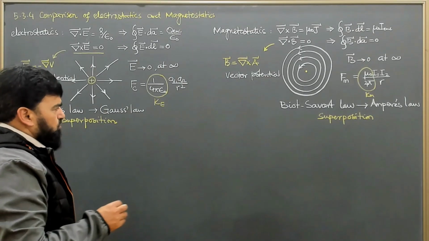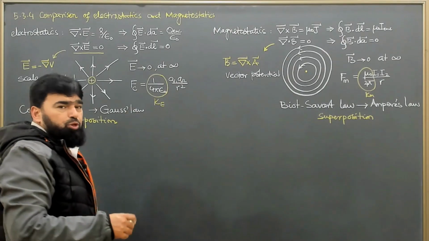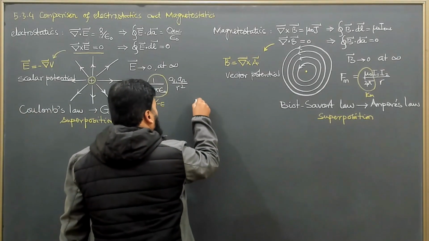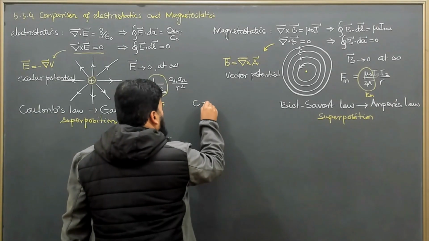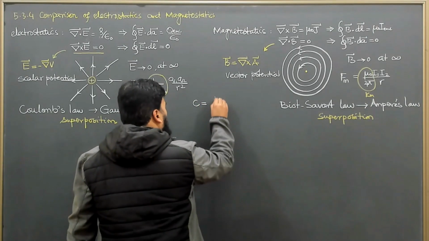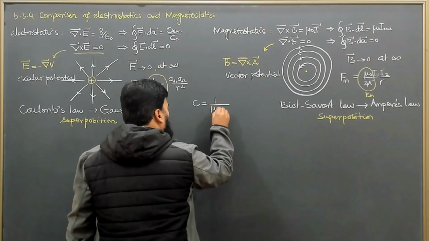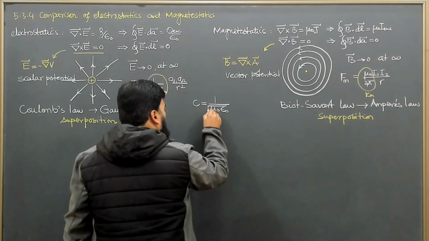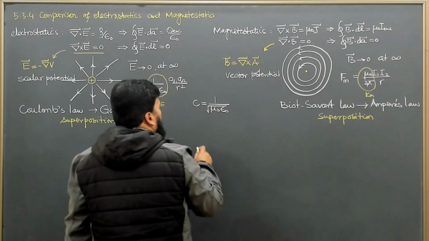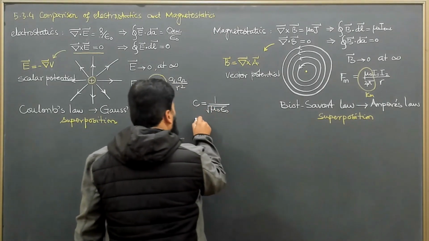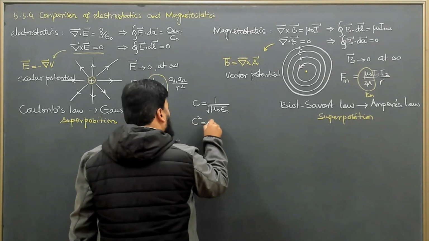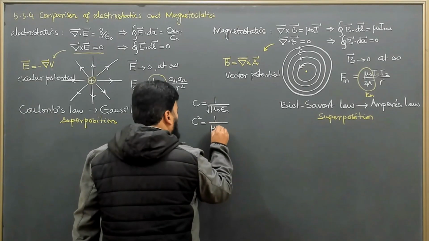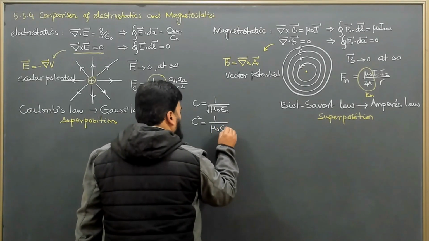Now we know one thing between the two. When we combine the two, the speed of the electromagnetic wave is C equals 1 over root of mu naught epsilon naught. So I can write that C squared is 1 over mu naught epsilon naught.